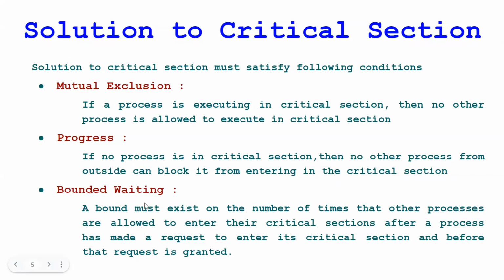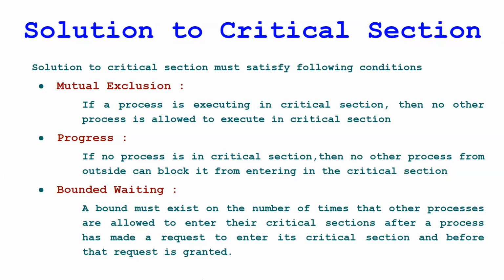Now what is bounded waiting? A bound must exist on the number of times that other processes are allowed to enter the critical section. Suppose P1 and P2 are repeatedly entering into the critical section, and other processes like P3 or P4 need to enter, but these two keep going repeatedly into the critical section and executing, not giving a chance to the other processes.